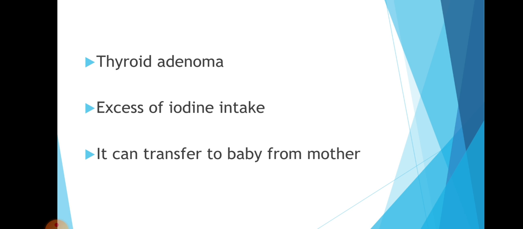Now, excess intake of iodine can also lead to hyperthyroidism, as we all know that iodine is very important for production of thyroid hormone. So if a person has excess iodine intake, then it can lead to more production of thyroid hormone.